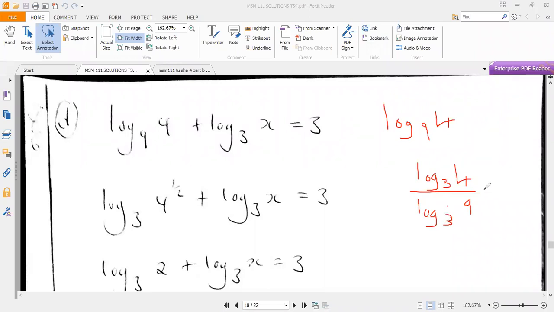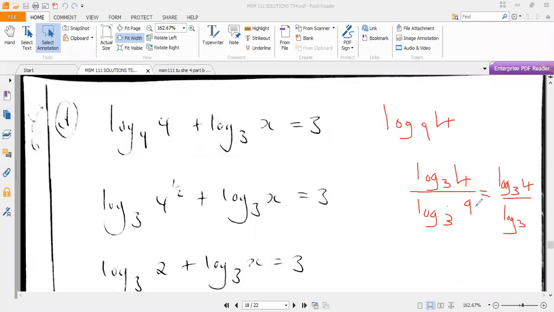So this is equal to log base 3 of 4 over log base 3 of 9.